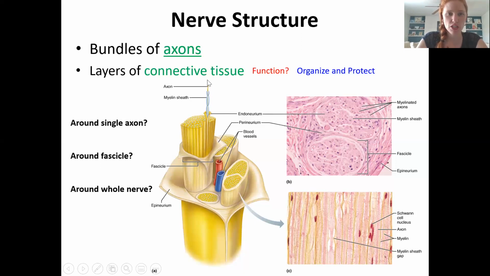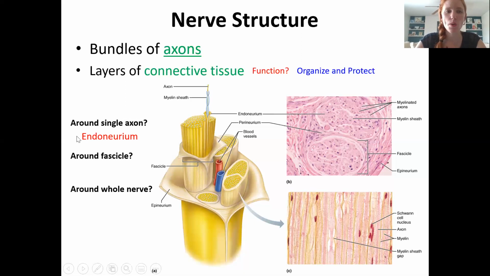In this picture here is one single axon. So we have a neuron sending out an axon to take information somewhere else. I like to think of them as wires, sort of connecting and sending information from one place to another. So here we have our axon. There's the myelin sheath, we'll come back to that, but wrapping around one single axon would be the endoneurium.